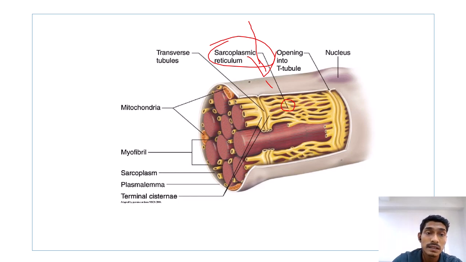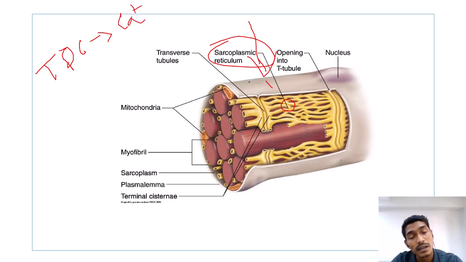We already know previously there was a protein in the trimeric protein that was called TPC, which is made of calcium ion. Okay, so now the calcium released by the sarcoplasmic reticulum will reach the TPC.